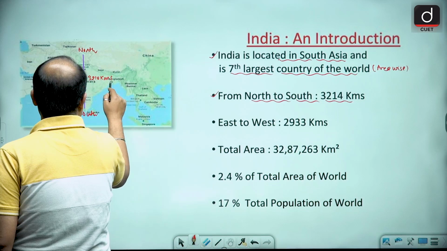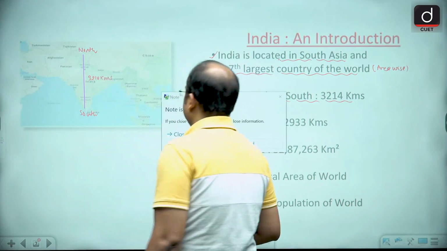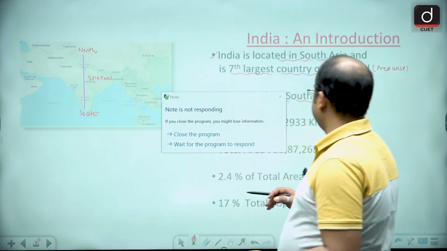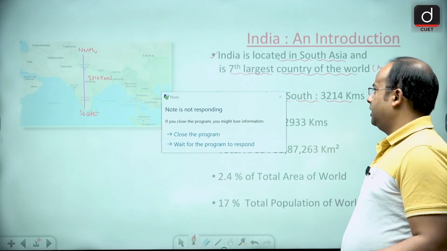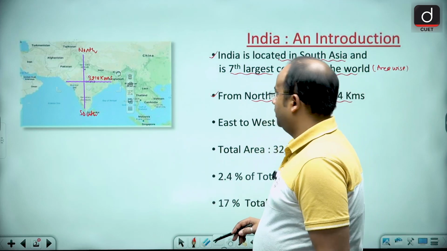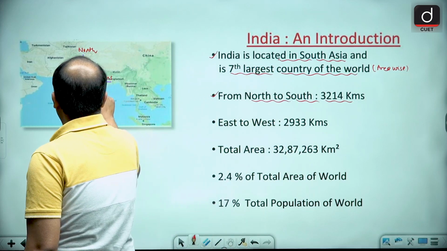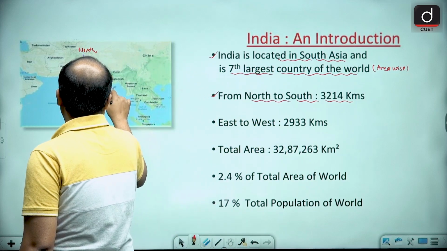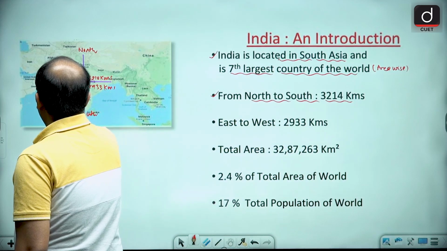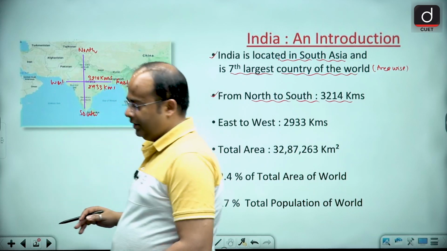From west to east it is 2933 kilometers.